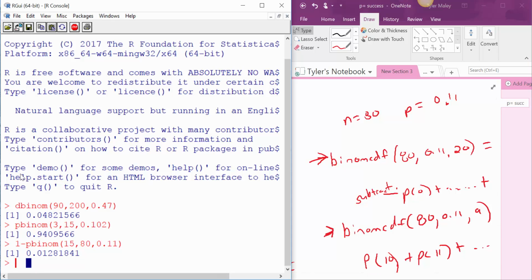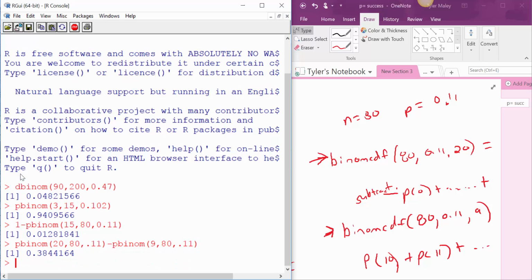So we're doing this in R. We would take pbinom, and then we put in 20, the x value, comma, and then 80 trials, 0.11 was our p-value, and then you would do minus, and then pbinom, and now the x value we want to go to is 9. And then 80 trials, 0.11 as my p-value. Hit enter, and we still get the same value, 0.3844. Same result. So that's how you can do that in the graphing calculator or R, but the hard part is thinking this through.